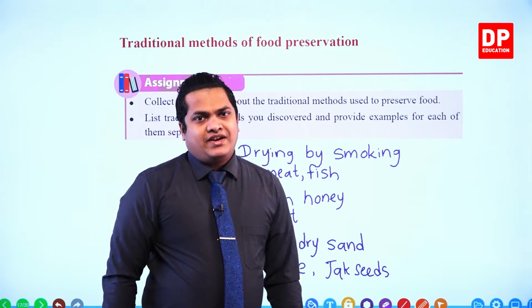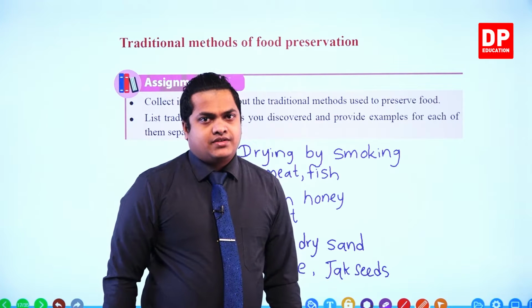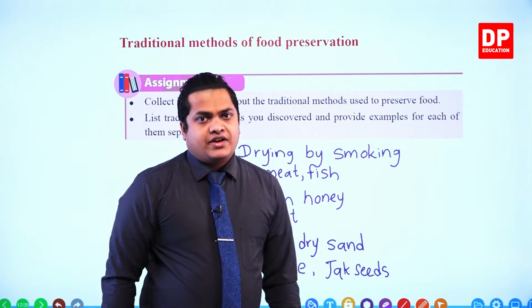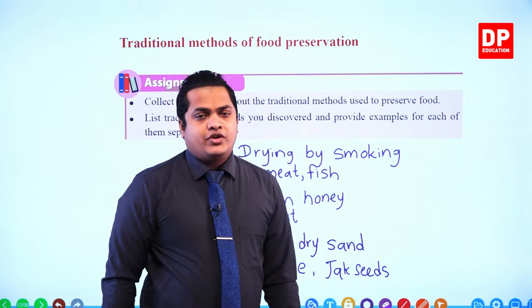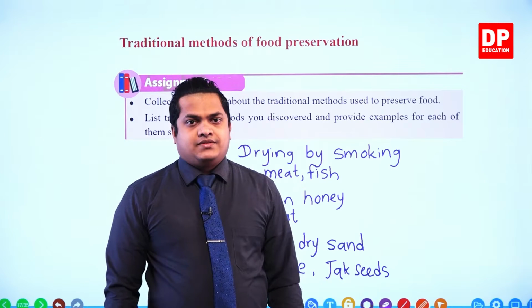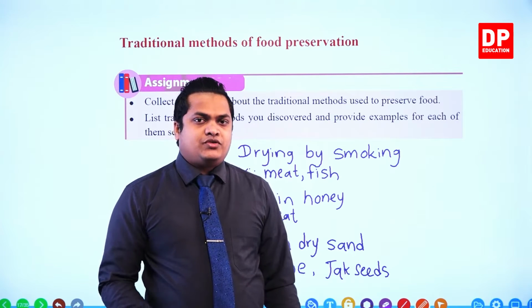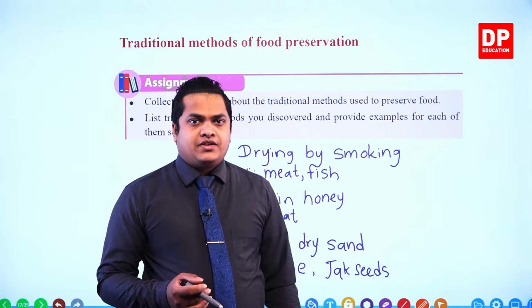By modifying these traditional methods up to a certain extent, by modifying I mean using different kinds of machines or other instruments, we do the same process as these. If you take drying, it is a traditional method, no?